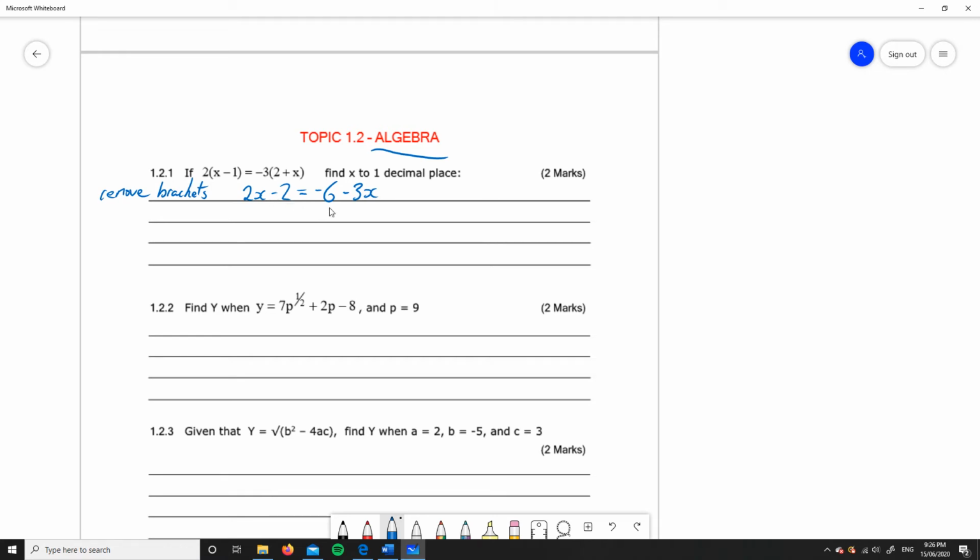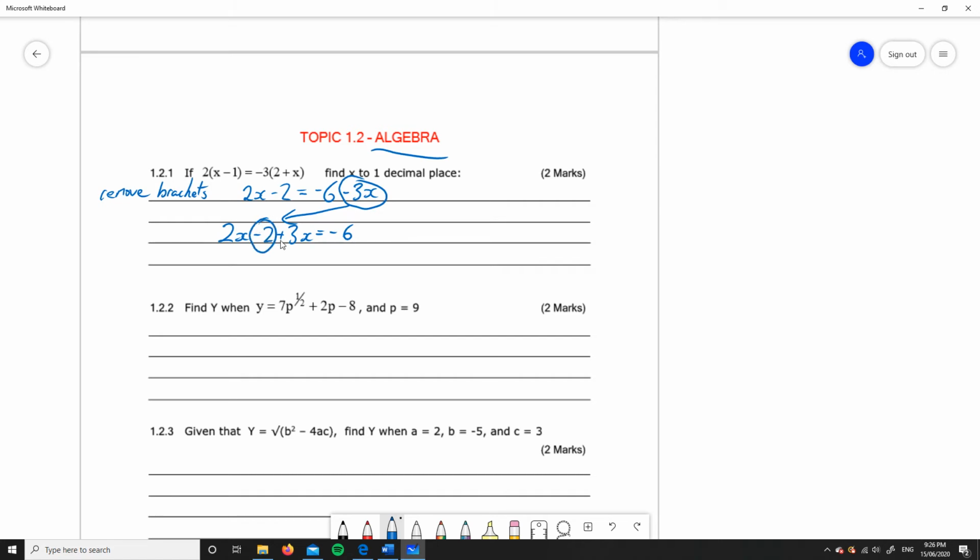Okay, from there what I would like to try and do is to isolate the x's out onto one side. So I'm going to take that 3x, move it over to the other side, so 2x minus 2 plus 3x equals negative 6.